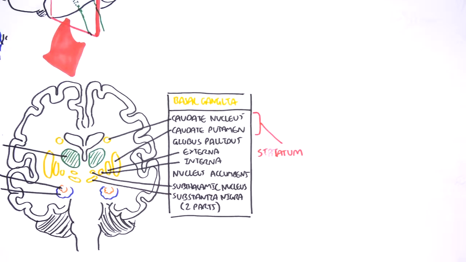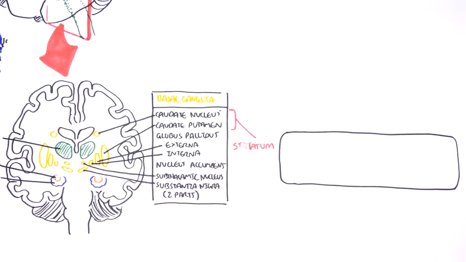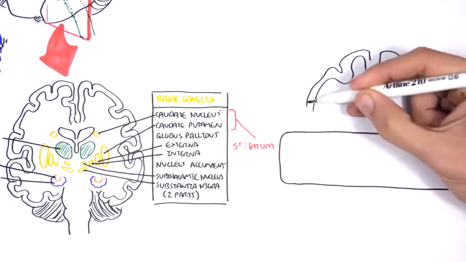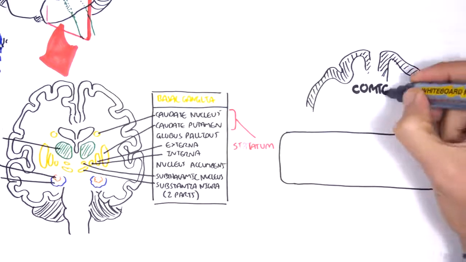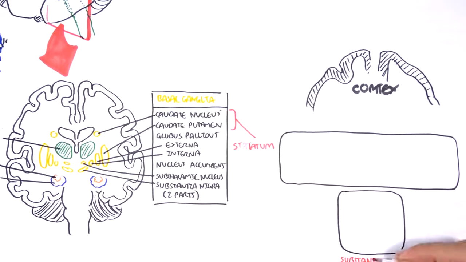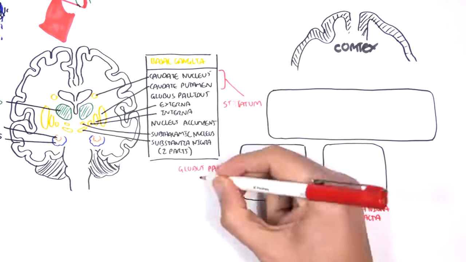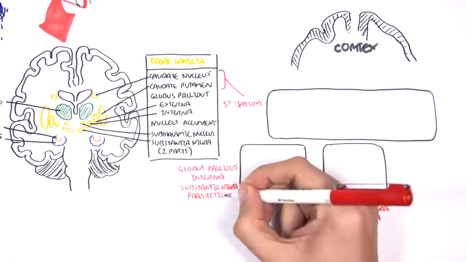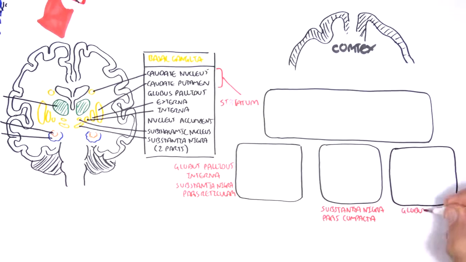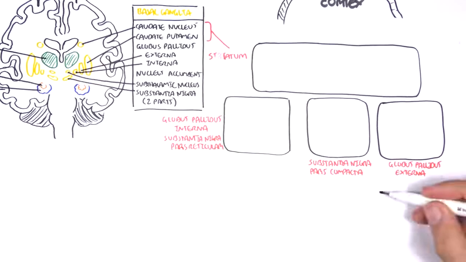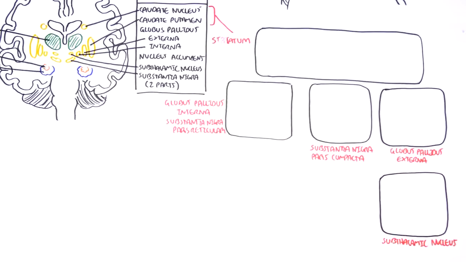So here, the rectangular structure I'm drawing is the caudate striatum. This is the cortex, and all these other structures here are part of the basal ganglia. We have the substantia nigra pars compacta, the globus pallidus interna, the substantia nigra pars reticulata, the globus pallidus externa, the subthalamic nucleus, and the thalamus.